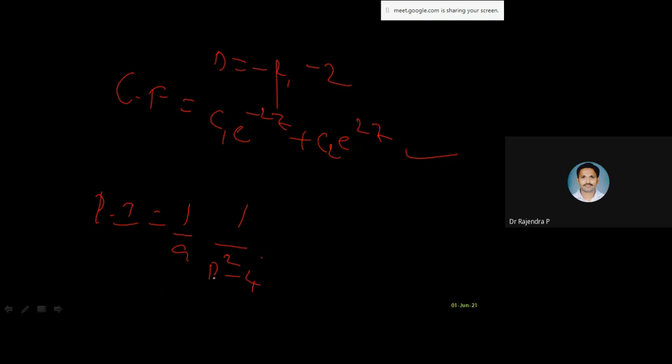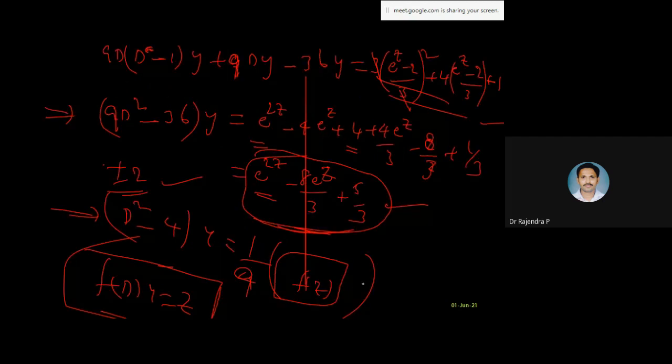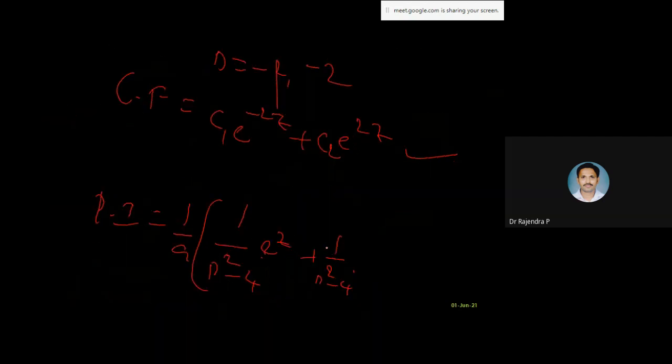What are those? 1 by d square minus 4 into e power 2z is one function, plus 1 by d square minus 4 into 8 by 3 into e power z, and the other function, plus 5 by 3 into 1 by d square minus 4 into 5 by 3. If you see, these functions are very simple functions.